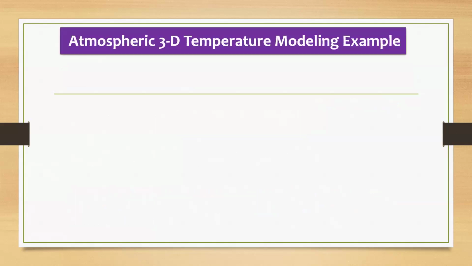Okay, so using a real practical example, a recent work we did for atmospheric 3D temperature modeling, as an example of how neural networks work or how they can be applied. In this particular problem, we are training the system to understand how temperature changes in 3D. That means we're also looking at the changes in temperature with altitude.